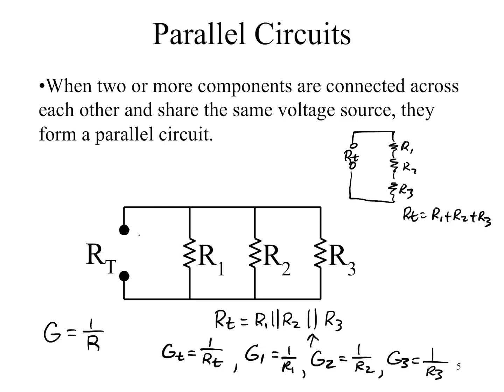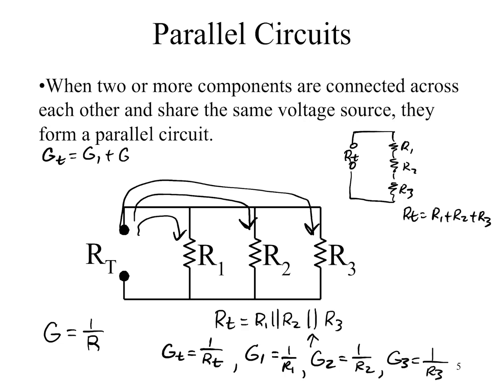If we think of the conductance evaluated by one branch, it's conducting at a level of X. If we were to add another branch, it's conducting more. There's more conductance going on each time we add another branch. And so the equation for conductance here would be G total equals G1 plus G2 plus G3.